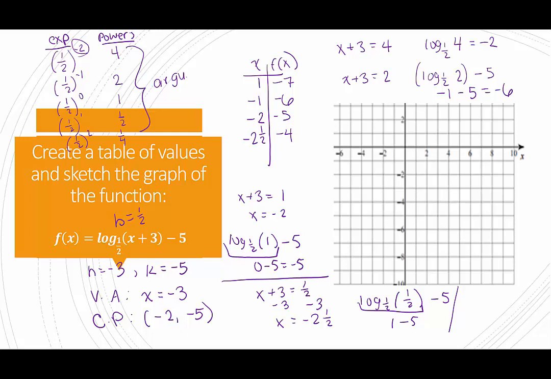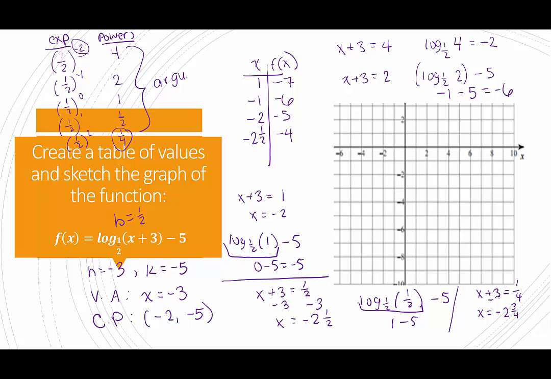The last argument we're looking for is 1/4. So we want x plus 3 to equal 1/4. If I subtract 3 from both sides, I would have 1/4 minus 3, which would be -2 3/4. That can be a little bit tricky.